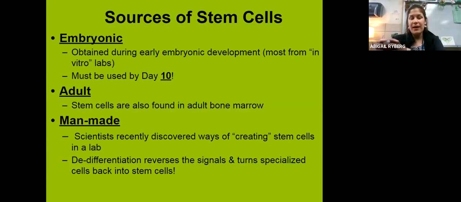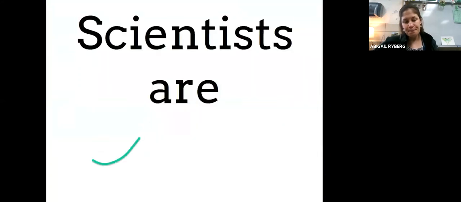If we can do that, and then say we need nerve cells, we can trigger them to act like nerve cells, and voila, we have a clump of nerve cells that we can use in some type of cell therapy, which we'll see in just a second.